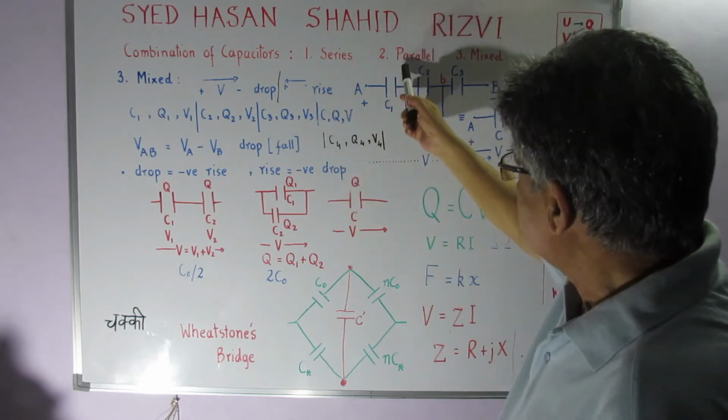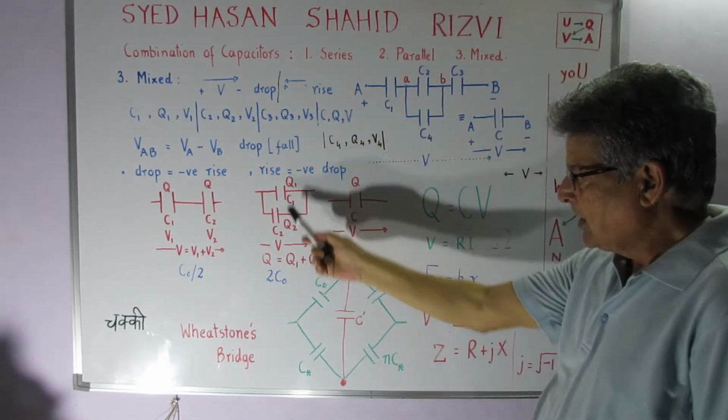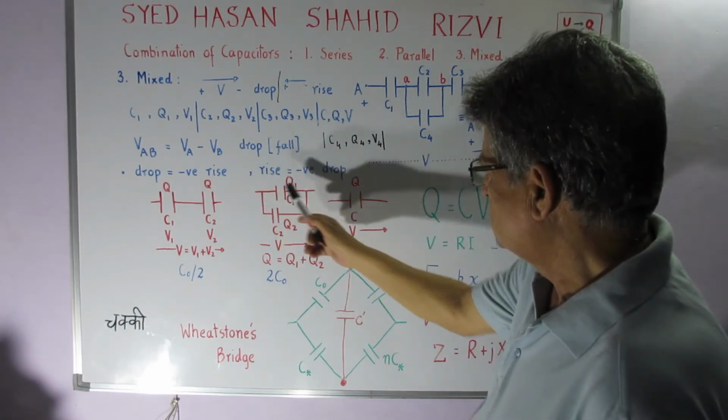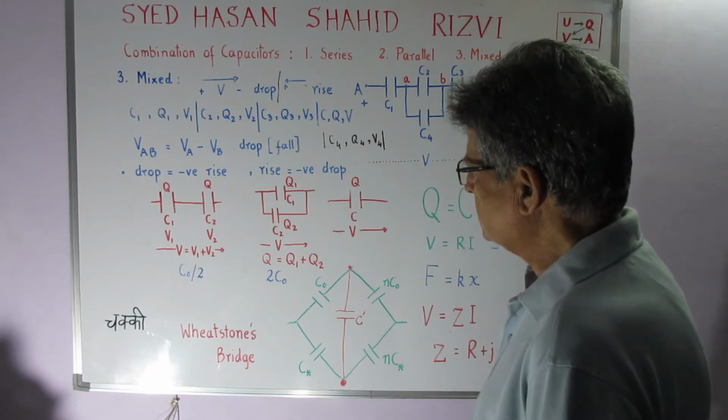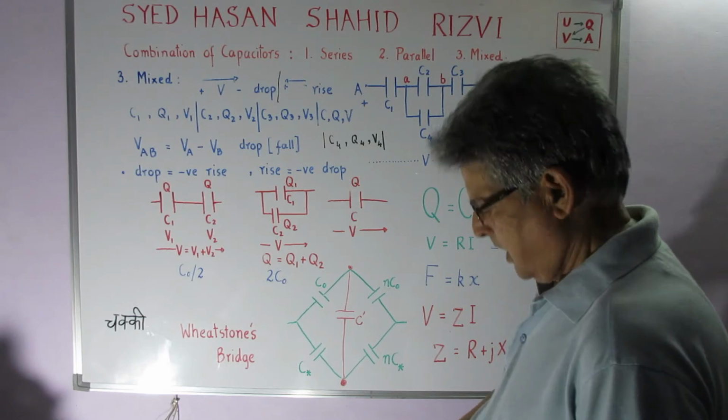Then the second thing that we have learned is the parallel combination of two capacitors. Between these 2 points, the extensions have been shown. This is C1 and this is C2. Look here.